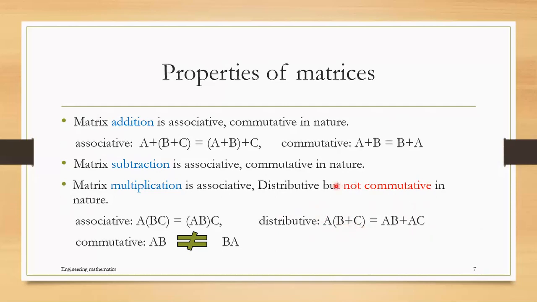But matrix multiplication is not commutative in nature. Here matrix addition was, but matrix multiplication is not, because when we multiply A into B, the result does not equal B into A. If the two matrices have different elements, the multiplication does not follow the commutative property. Okay, let's go to the next slide.